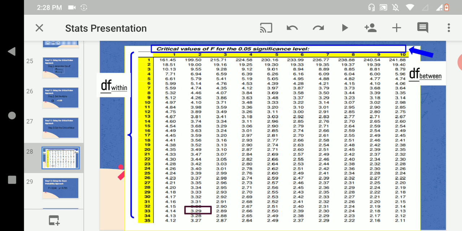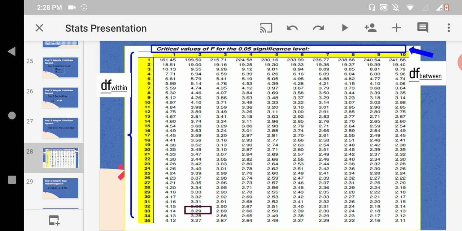Whatever. This one, I already labeled it. So we have the DF within and the DF between. The 1, 2, 3, 4, 5, 6, 7, 8, 9, 10 at the top are the DF between.